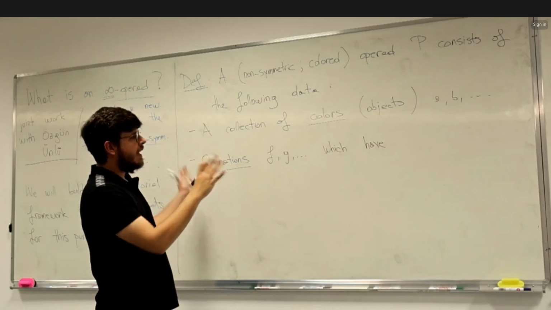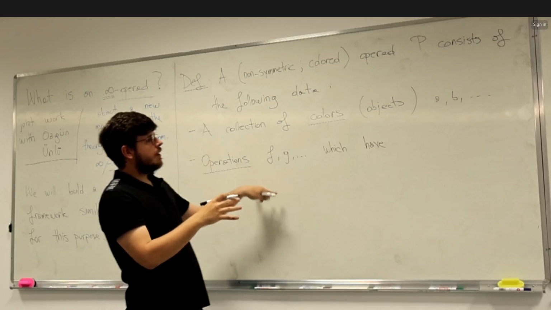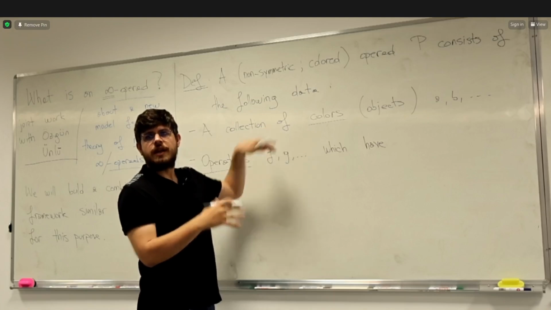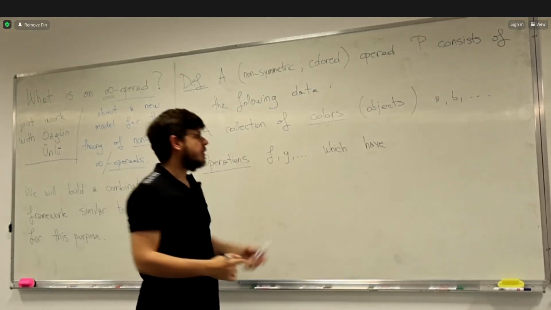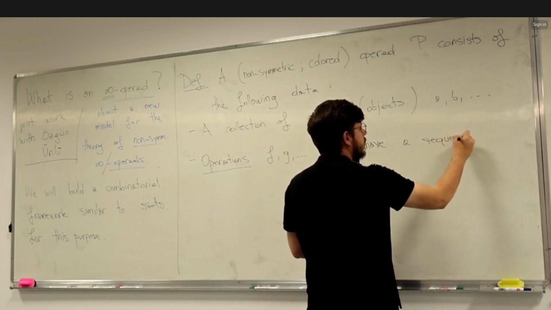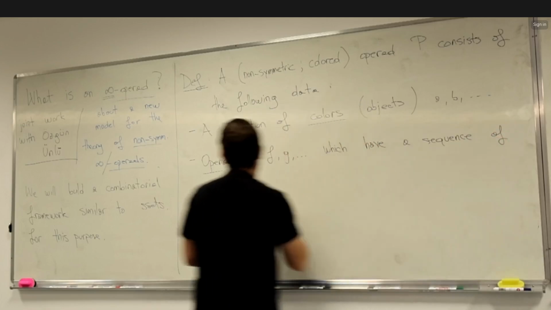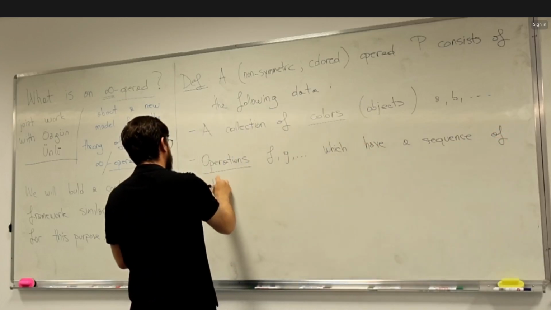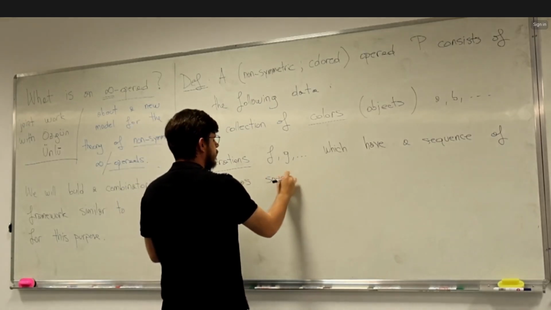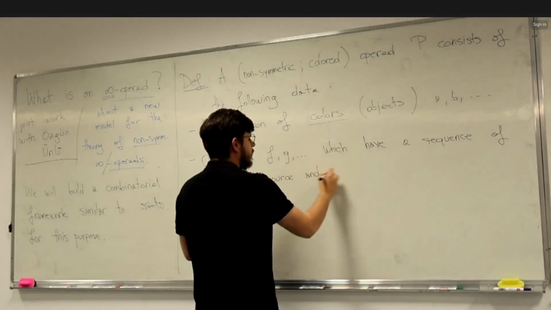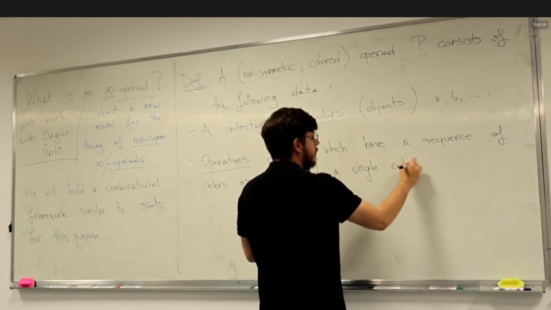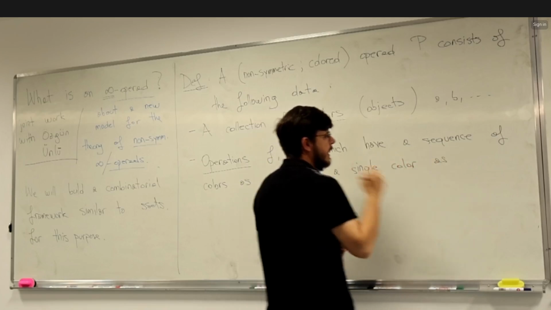Except that the domain is a sequence of objects, and the codomain is an object. So they have a sequence of colors as source and a single color as target.